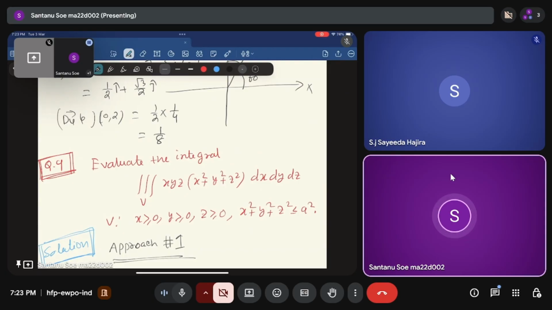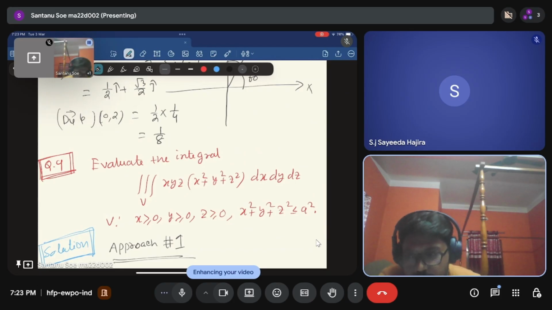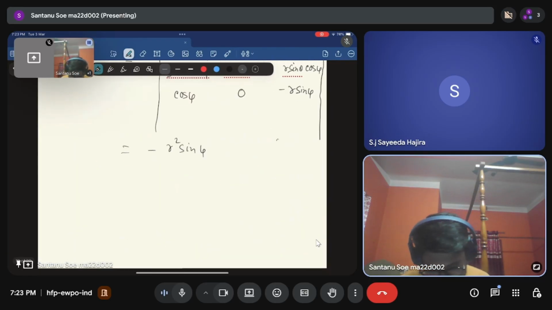Now I am solving this question using two approaches. First is the conventional approach, and second is the gamma function approach, right? So I'll be using the gamma function to evaluate the integration. So now here the Jacobian is minus of r square sin phi. Now this is very straightforward.